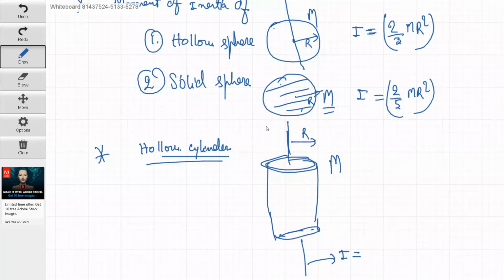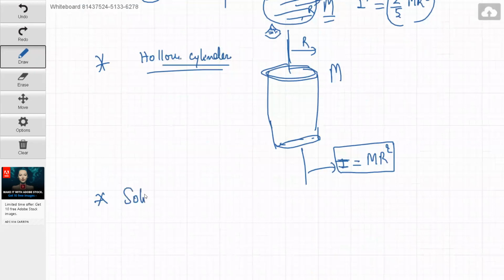If you look at it from the top, it looks like a ring. The mass distribution in a hollow cylinder is just like that of a ring, from the axis of rotation. So its moment of inertia is also equal to mr square. Is this all right?